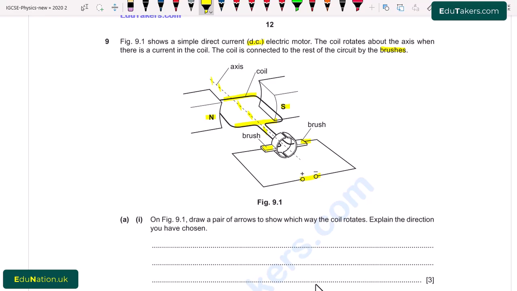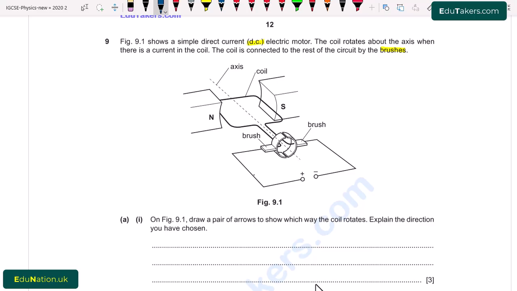You can see in this diagram we have to show in which direction the coil rotates. First of all, one is the positive terminal while the other is the negative terminal, and we know that current flows from positive to negative terminal of the battery.